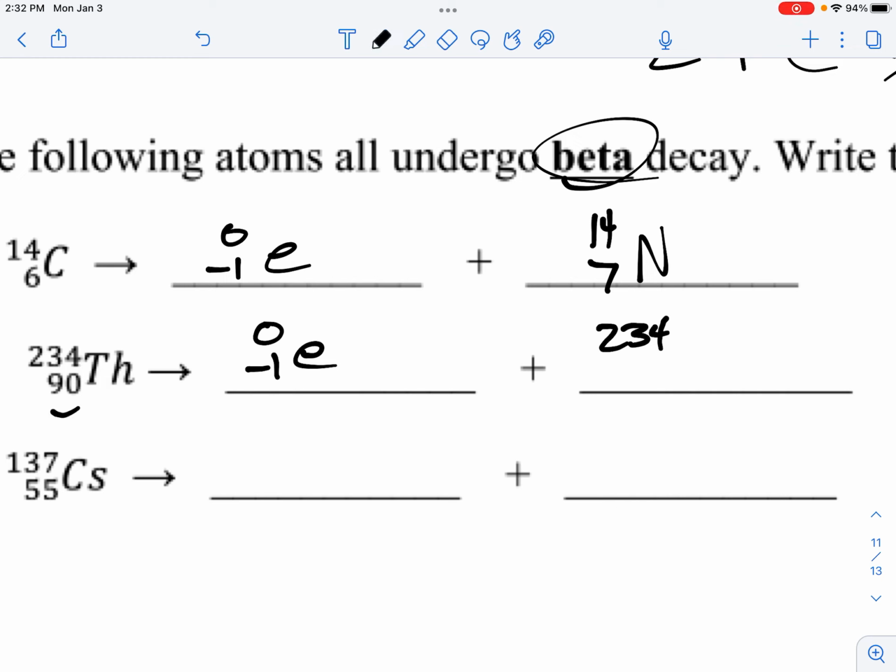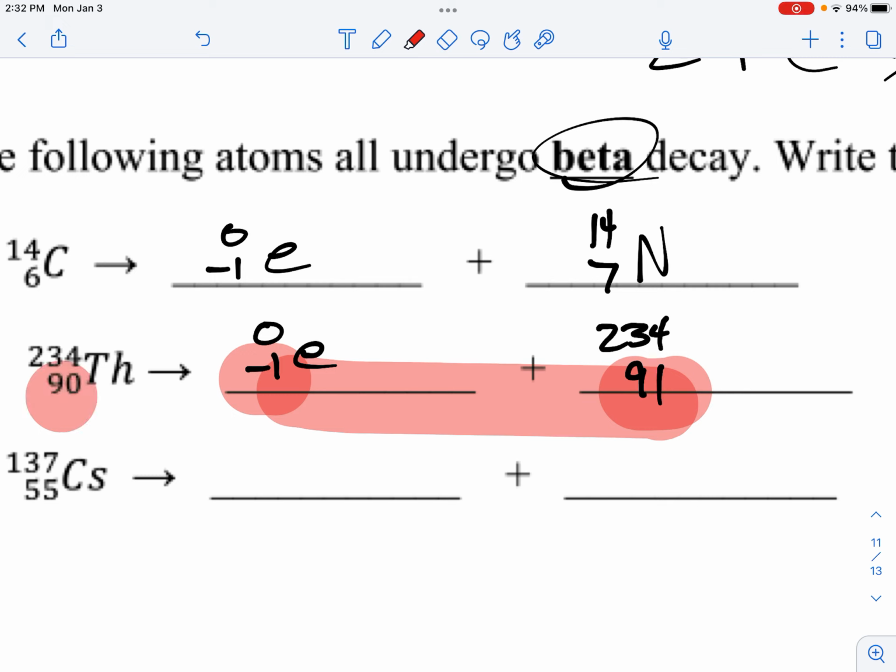Well, I started with 90, and I lost -1. So that means this number here has to be 91, because these two numbers have to add up to what that number is here. So the 91 here and the -1 here go together to give me the 90 that's over there.